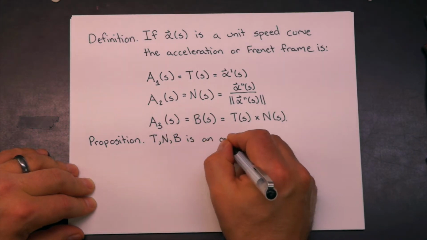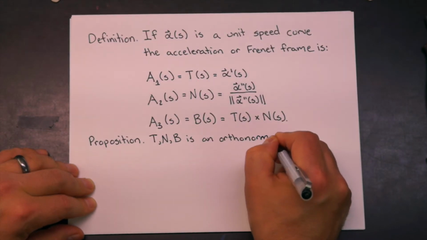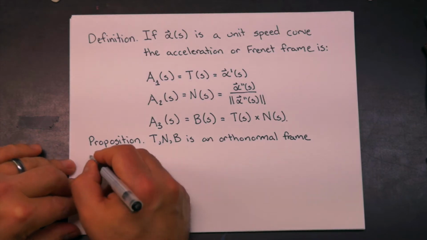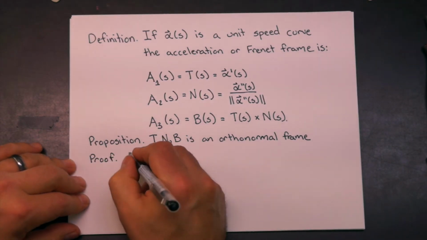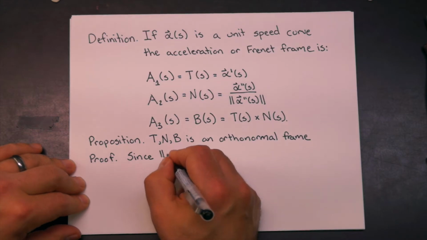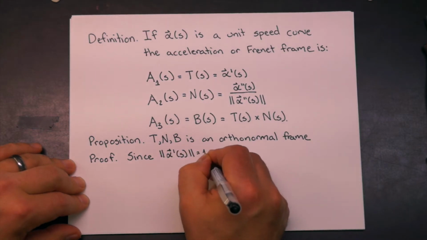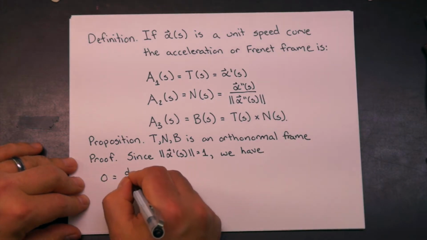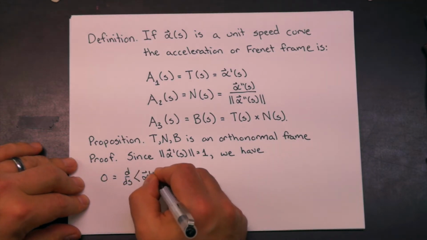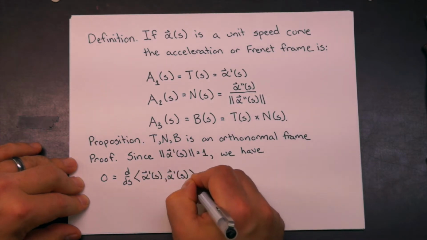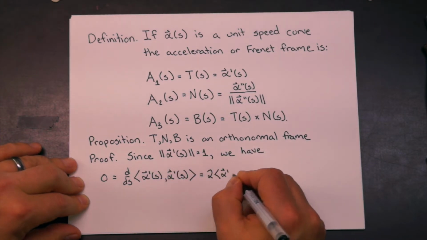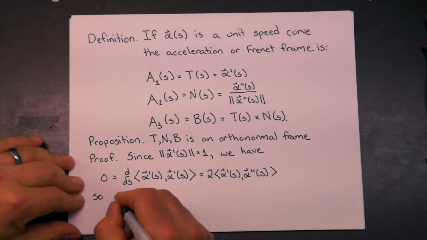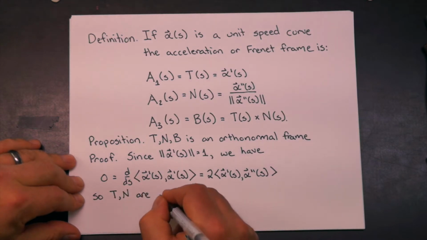In fact, the TNB frame is orthonormal for every value of s. And that's what makes it a frame according to our definition earlier. This isn't so hard to prove. We already know that the curve is unit speed, and that means that the derivative of the norm squared of the curve is equal to 2 alpha prime dot alpha double prime, which is equal to 0.